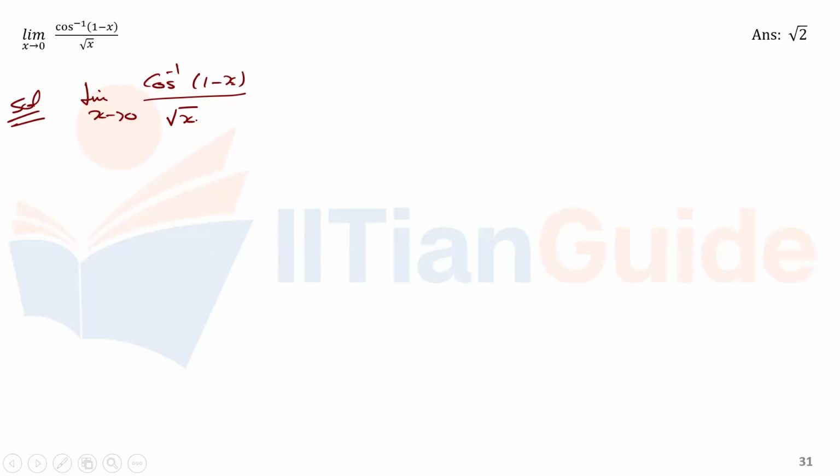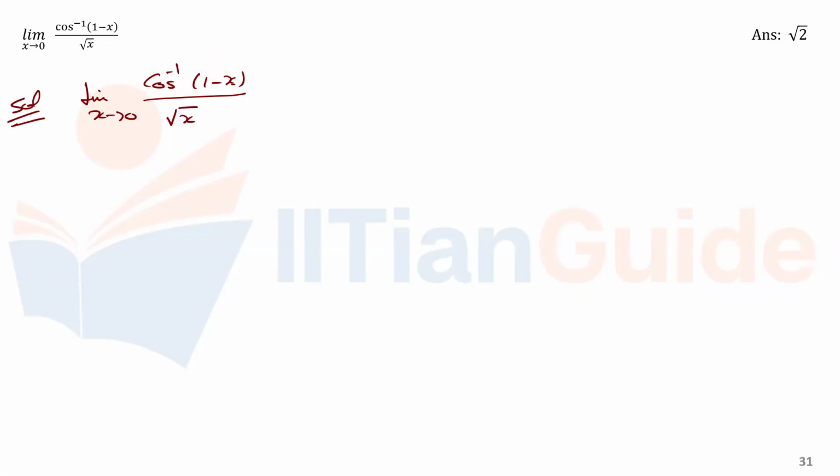Yes, anyone? Okay, just wait, it's a good question, I'm telling you, just wait a minute. We have a formula, sin inverse x by x, that is also one, but we have cos inverse instead of sin inverse. However, I have a choice. I can convert cos inverse, I can write it as pi by 2 minus sin inverse.